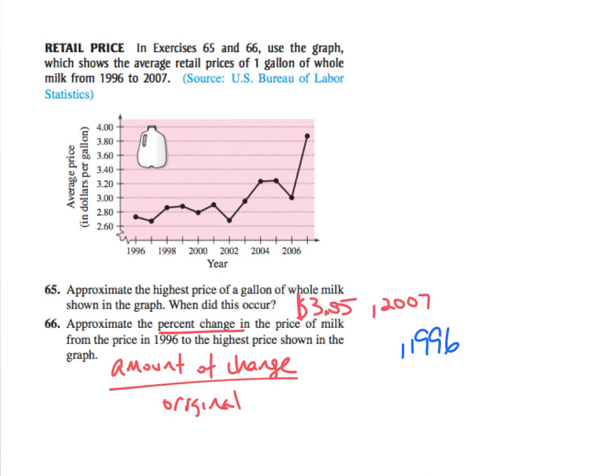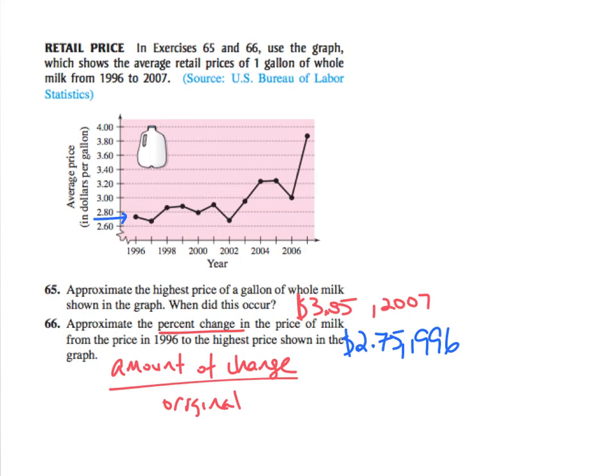It looks like 80 cents? It looks like the second line of the graph, or the third. So right here. Emily, how much do you think that is? $2.75. I'll go with it. So $2.75 in 1996.